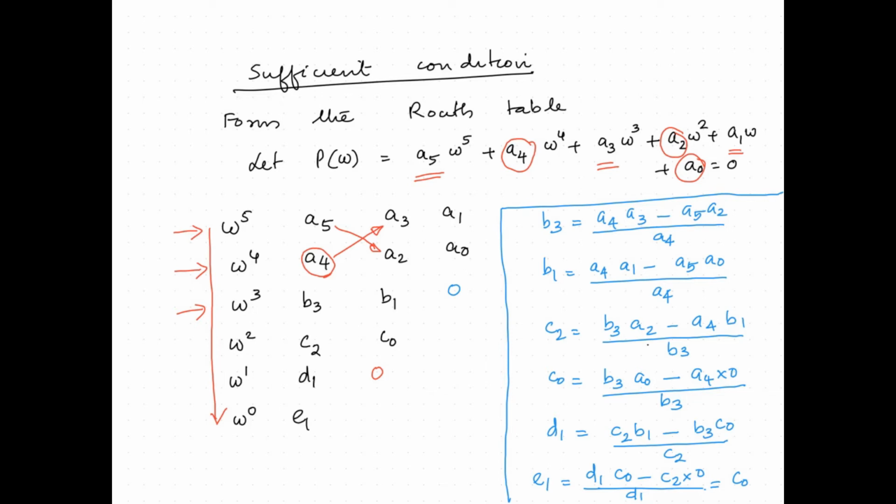B1 is nothing but (A4 into A1 minus A5 into A0) by A4. And C2 will be (B3 into A2 minus A4 into B1) by B3. And C0 will be (B3 into A0 minus A4 into 0) by B3.